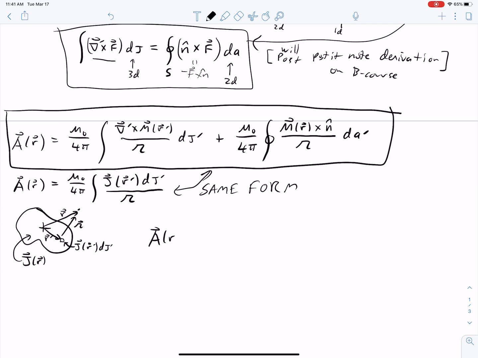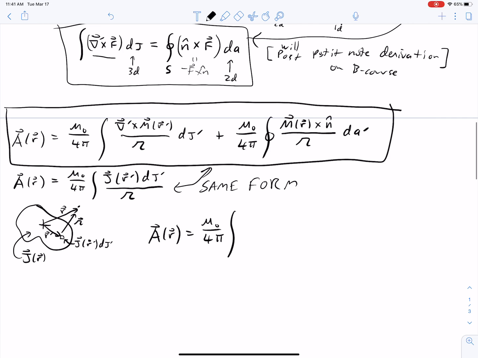I can say that A of r is equal to mu naught over 4 pi times the integral of this stuff on top, which I'm going to call J sub B of r prime over cursive r d tau prime, plus mu naught over 4 pi times the integral of this stuff on top, which I'm going to call K sub B of r prime, it's the source, dA prime over cursive r.